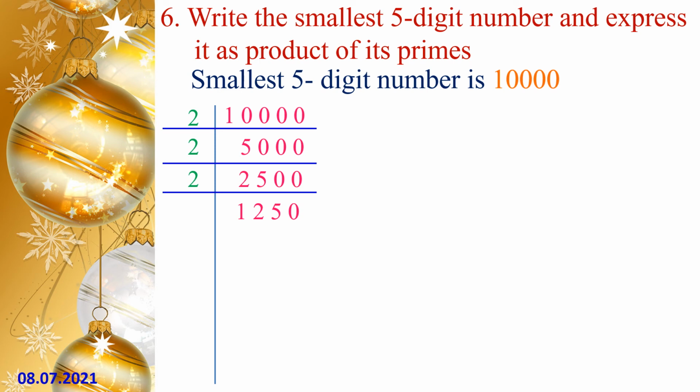It is also divisible by 2. So 1,250 divided by 2 we get 625. 625 is an odd number ending in 5. So it is divisible by 5.